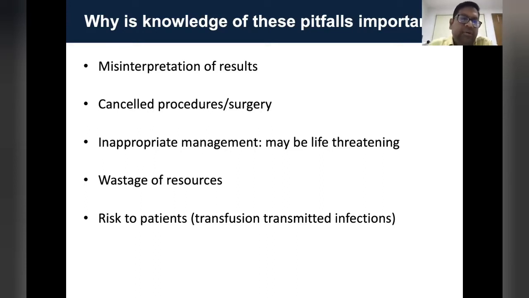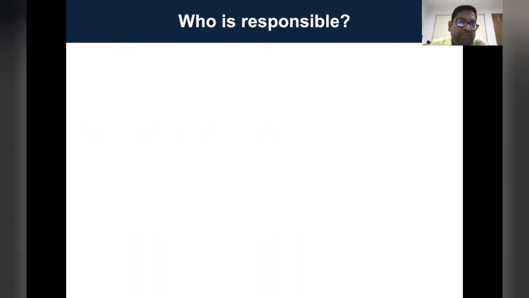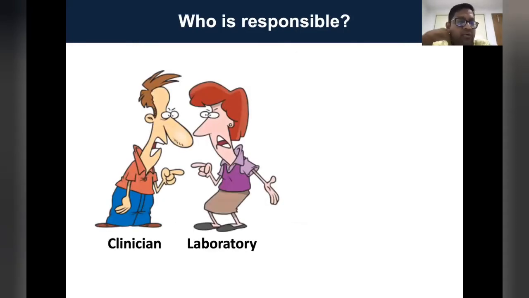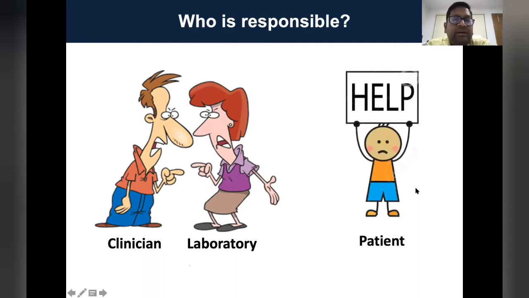Whenever such situations arise, you will always find an argument between the clinician and the laboratory, each putting the blame on the other. But can you imagine the condition of the patient who is standing outside asking for help, and who requires the same kind of service wherever he goes, irrespective of whether the clinician is blaming the laboratory or the laboratory is blaming the clinician?